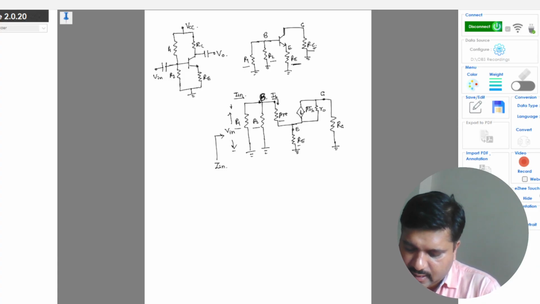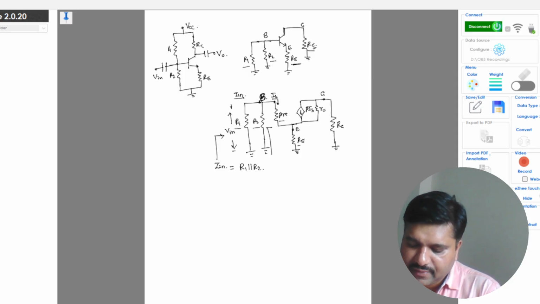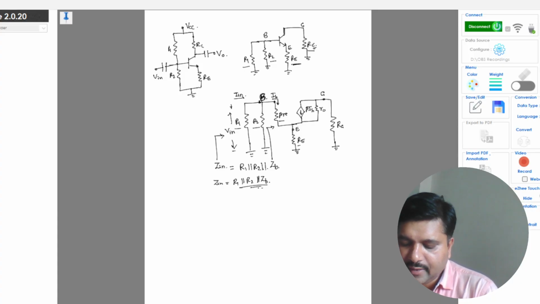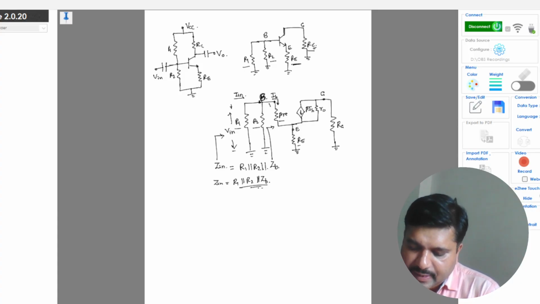So here this Zin is R1 parallel with R2 parallel with, I will call the impedance seen with respect to this as ZB. So Zin is basically R1 parallel with R2 parallel with ZB. Okay, so ZB is the impedance from base to reference, that is ground.